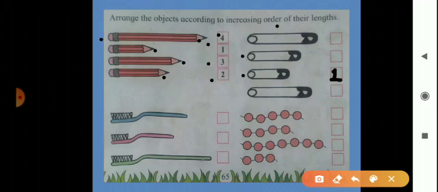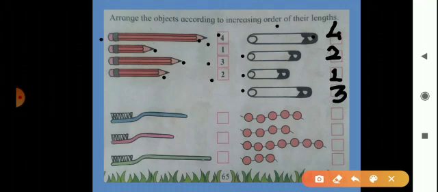Then second one is, this is short out of these 3. So write 2 here. Now remaining 2 pins. Okay. So here is 4th one. It's shorter than this 1. So write here 3. And remaining its first. It's long. So write here 4.